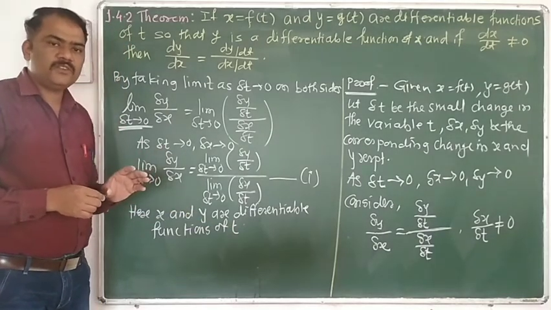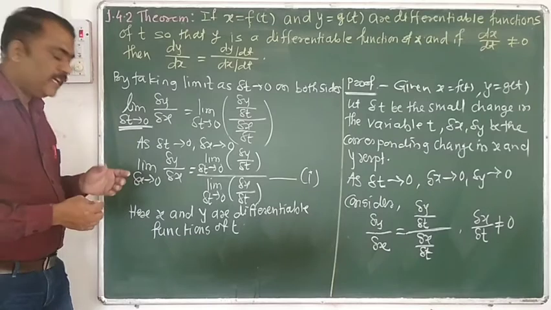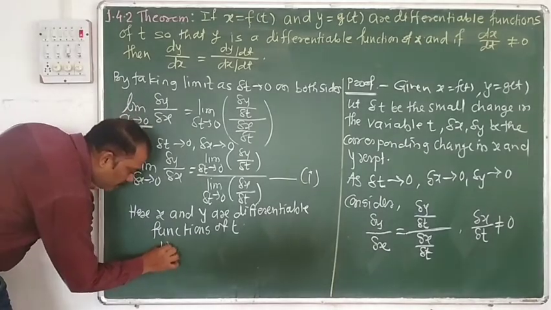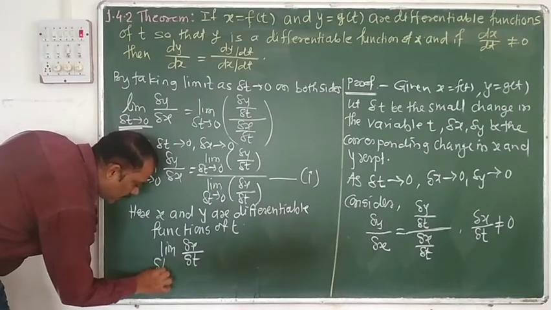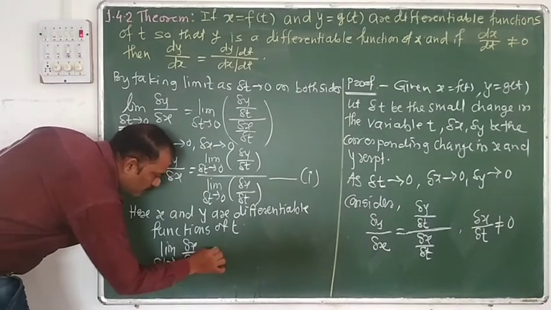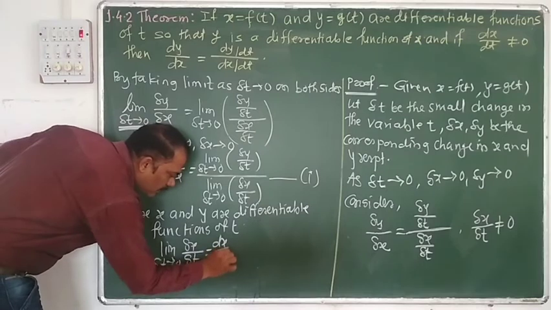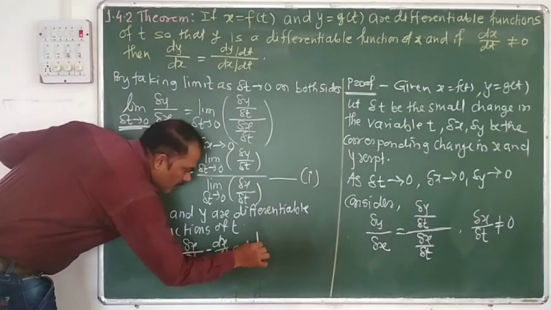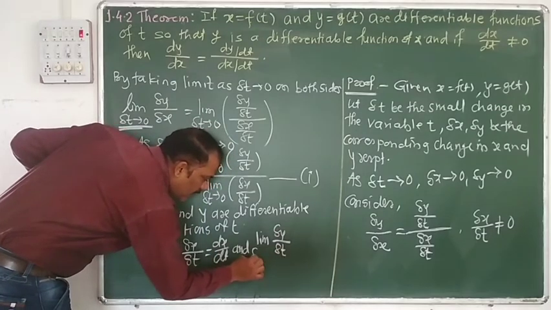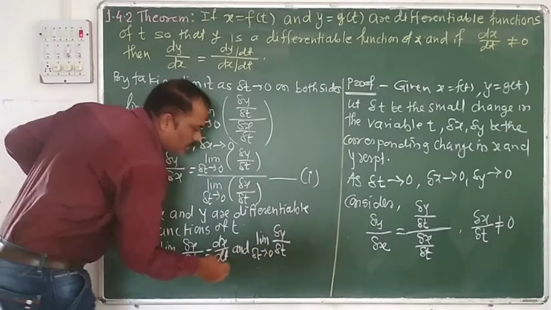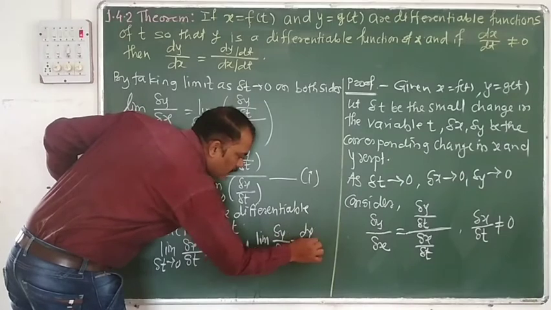According to the Leibniz notation, the limit of delta x upon delta t as delta t tends to 0 is equal to dx by dt, and the limit of delta y upon delta t as delta t tends to 0 is nothing but dy by dt.